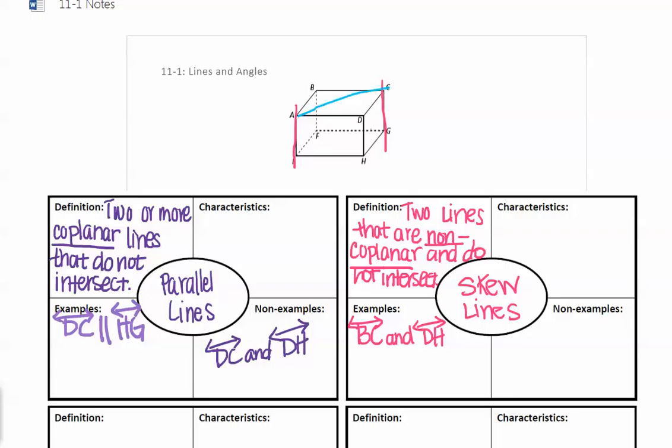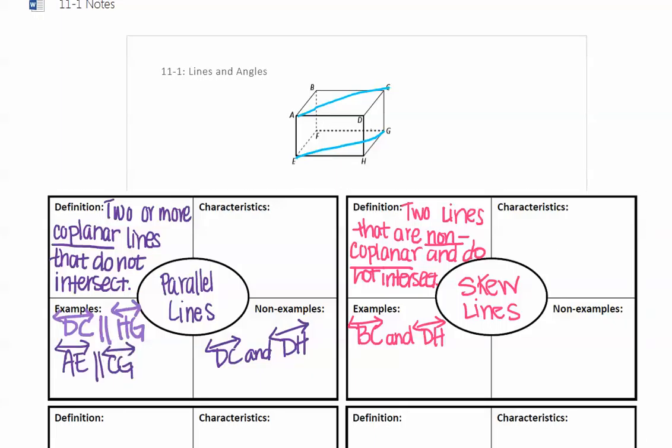If you connect A to C and you connect this, there's a plane right there that is going to go through both of those lines. So those would actually be parallel to each other. And that was AE and CG. So why don't we write that in? AE and CG would be parallel to each other.